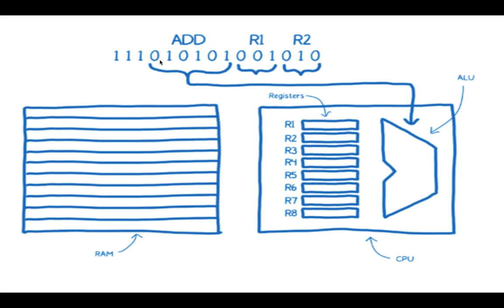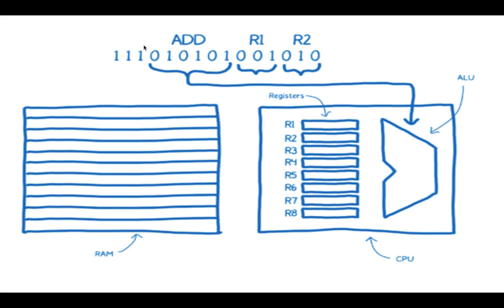So what this machine does when it reads this type of code is that add, 001 is the address of the R1 register, 010 is the address of the R2 register, so add R1 to R2. But this was specific to this machine.